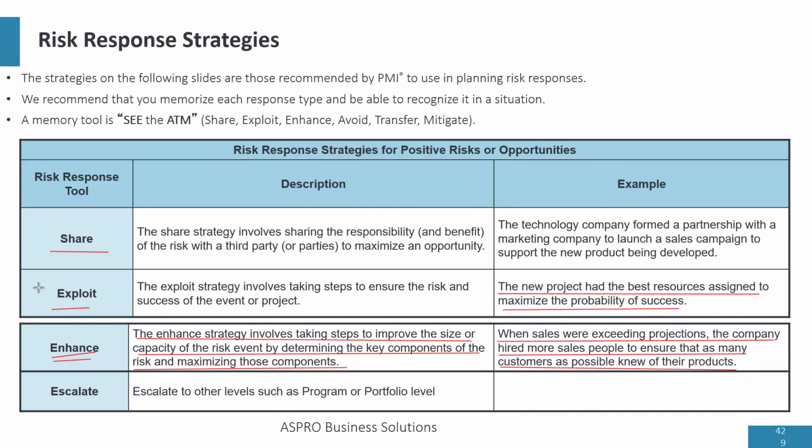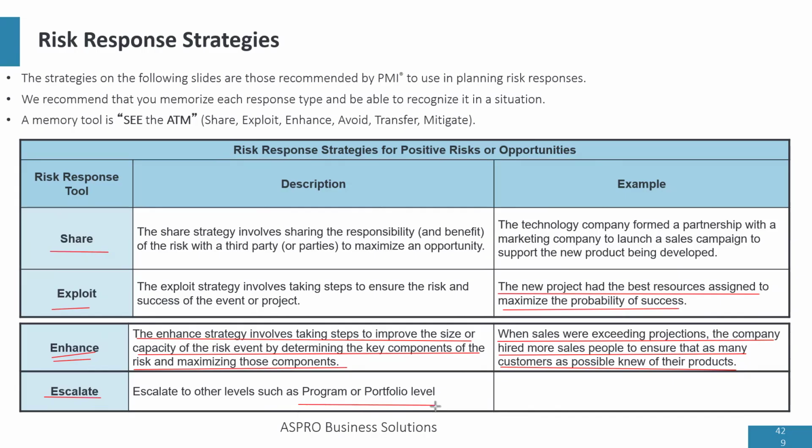Now, escalate happens when the opportunity is bigger than the project. Let's say there's an opportunity that cuts across several projects in a program, then you escalate to higher levels, such as the program or portfolio level.